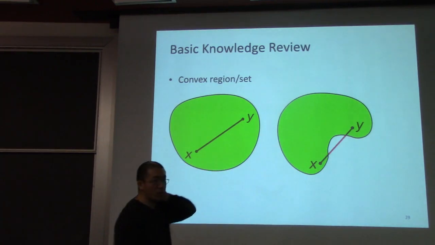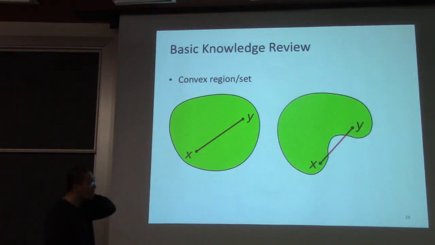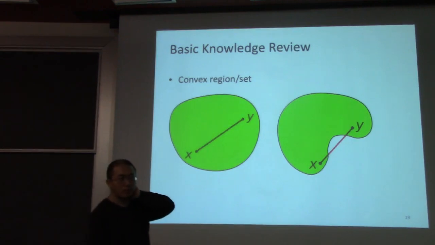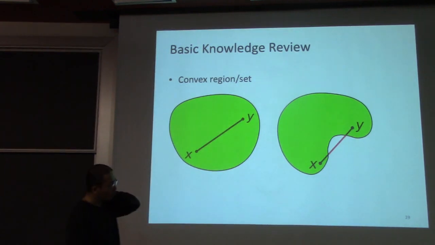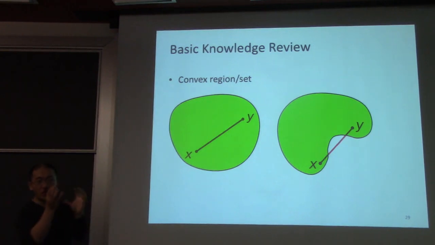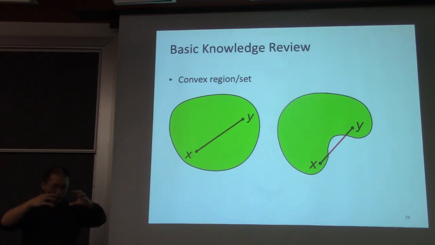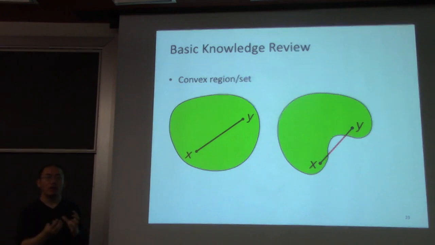So what is a convex function? First, a convex function's domain is defined. It's a convex domain. So what is a convex domain? Visually, if you imagine the input domain of the function, it cannot contain any inward part.